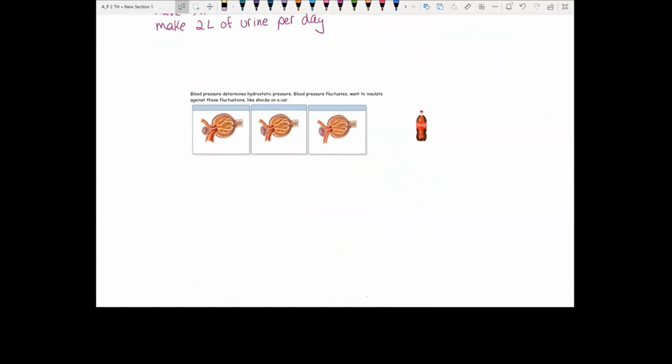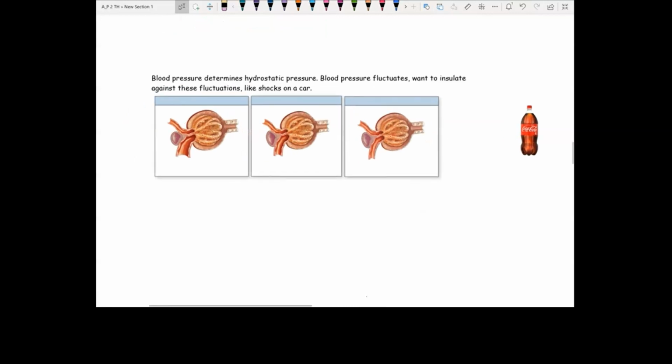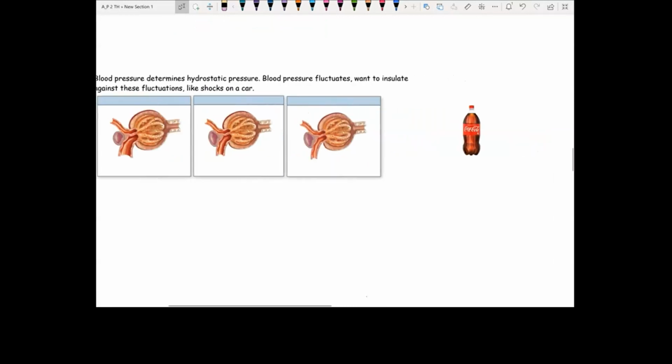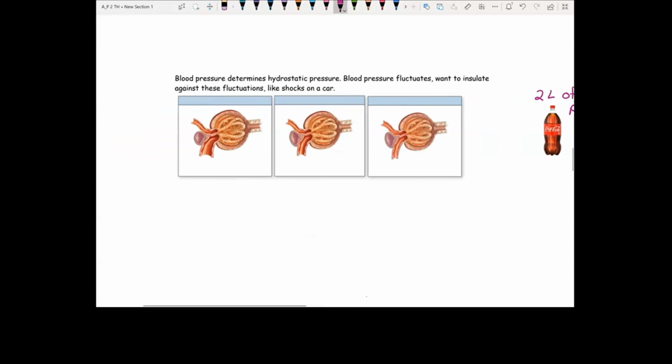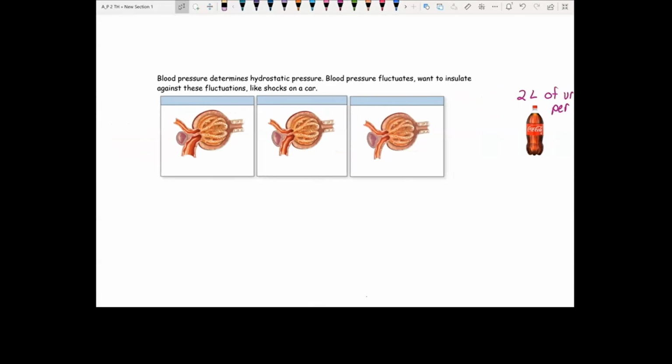And we're going to look a little bit more at that net filtration pressure. The Coke bottle here represents your 2 liters of urine per day. Think of a 2-liter soda bottle that you would buy at the store. That is about how much urine an average person makes in a day, enough to fill that 2-liter bottle. So we have 3 different pictures here.